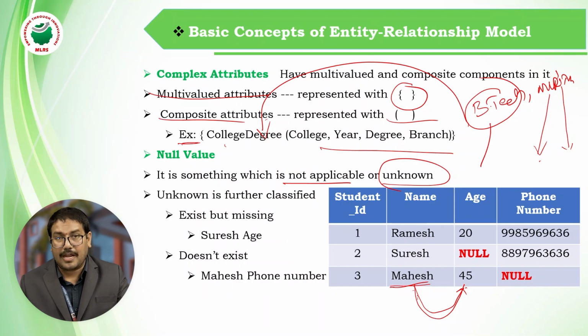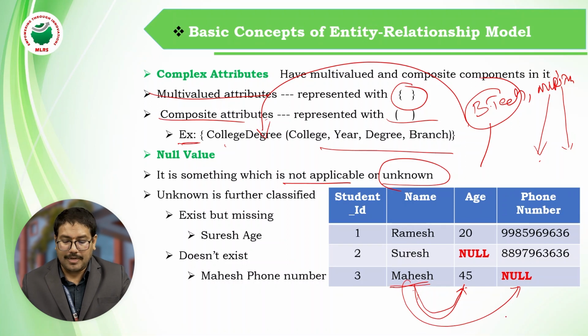For this particular name, age is mandatory because every person has some age, that might be 45, 25, 35, whatever. But the mobile number cannot be mandatory. I don't know whether Mahesh has a phone number or not. So here it is unknown. This is one case.